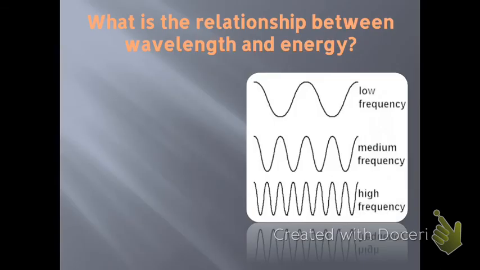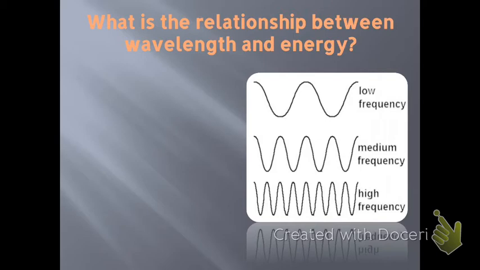What about the relationship between wavelength and energy? A higher frequency equals a higher energy. Frequency and energy are related directly, meaning when one goes up, the other goes up. As the energy of a wave increases, the frequency increases. What happens to the wavelength? The wavelength will therefore decrease.